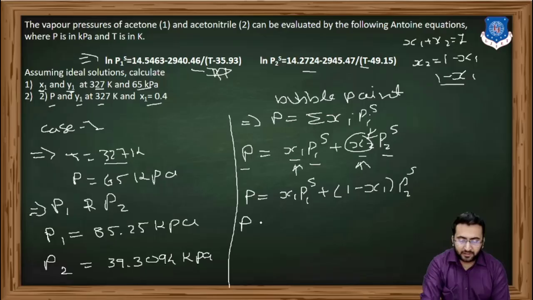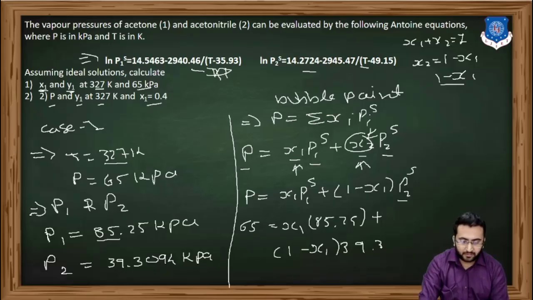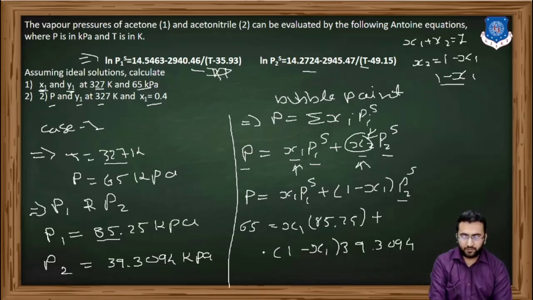Now calculating this term, we know the pressure. The value of pressure given in the statement is 65 kilopascal, which equals x1, which we have to find out, times P1, which we already found, 85.25, plus 1 minus x1 times P2, which is 39.3094.